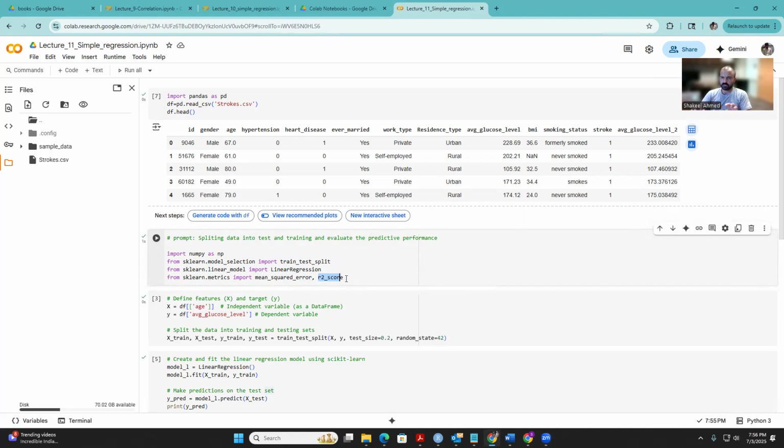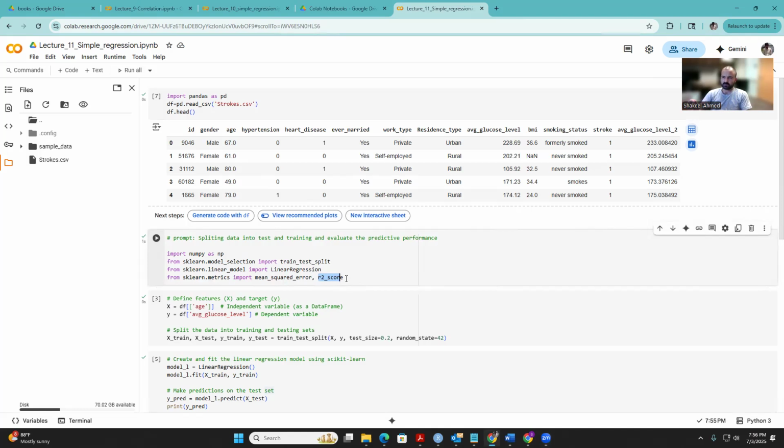We first split the data into two parts: a training part and a test part. For example, if we have 100 observations, we split 80 observations into the training set and 20 observations into the test set. After running the model on the 80 observations, we predict the values for the remaining 20 observations.